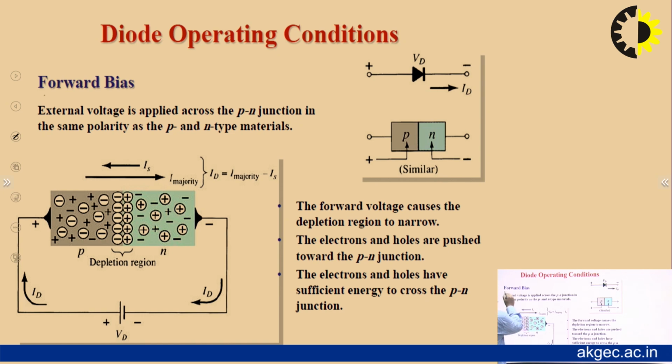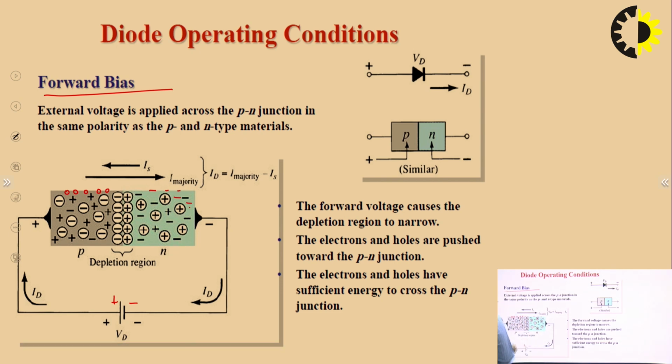In forward bias condition, when we connect the P type terminal to the positive of the voltage and the N type terminal to the negative of the voltage, then in the P type the holes are the majority carriers, and in the N type the electrons are the majority carriers. So, they repel from the terminals and attract in the N type.